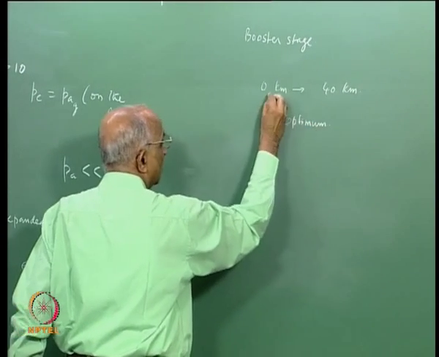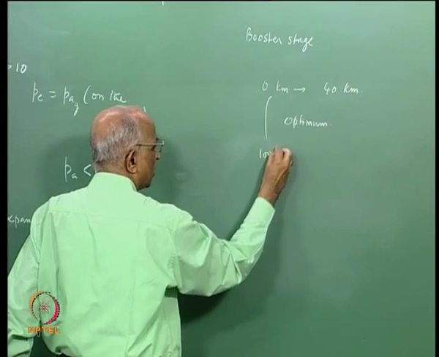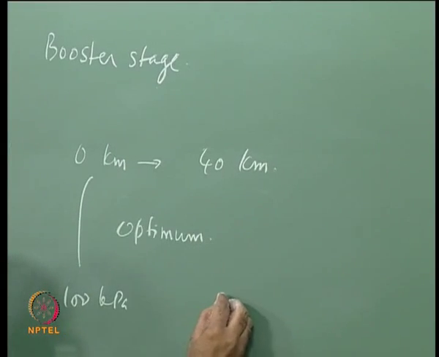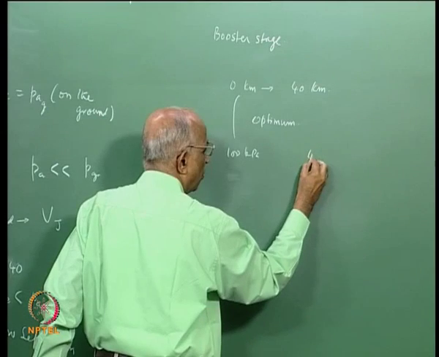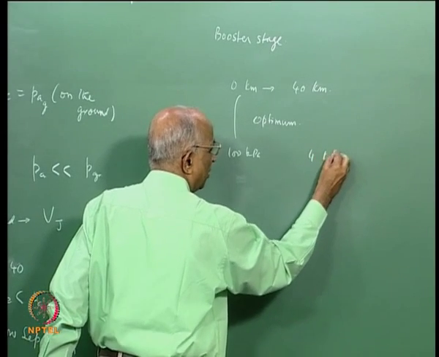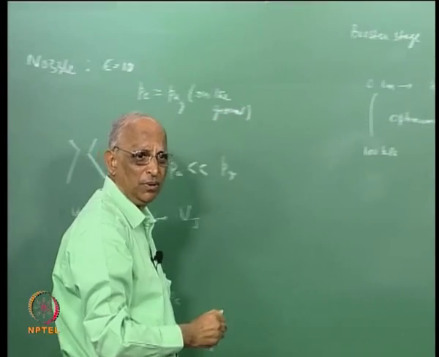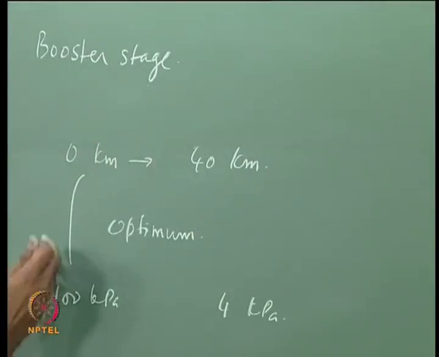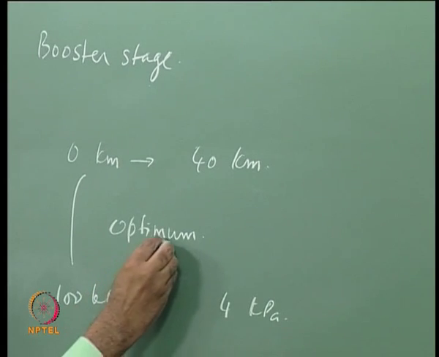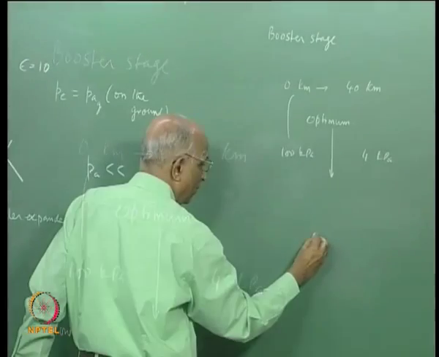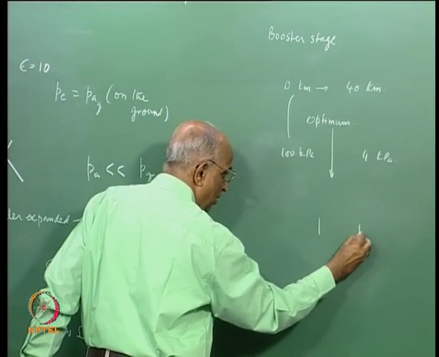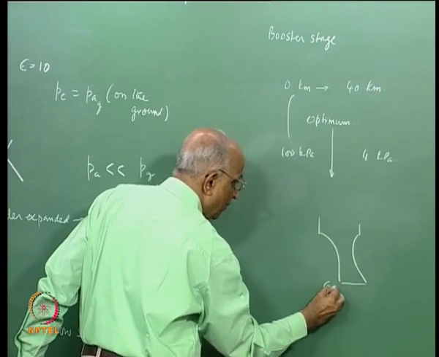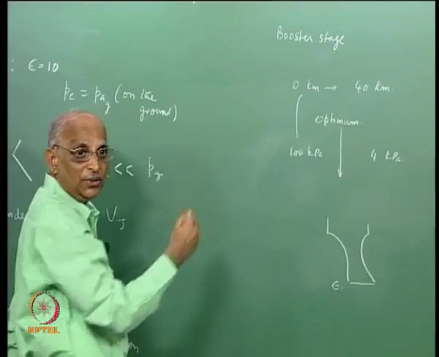In other words, at 0 kilometers I have 100 kilopascal pressure, at 40 to 50 kilometers maybe my pressure may be something like 4 or 5 kilopascal, right, might be lower. Therefore, my ambient pressure is decreasing, and I cannot have a rocket with a single value of epsilon or expansion ratio which will fly throughout this altitude.